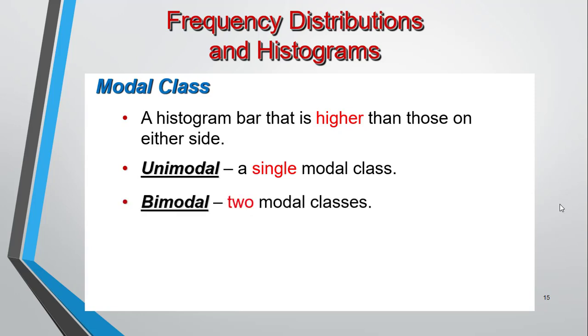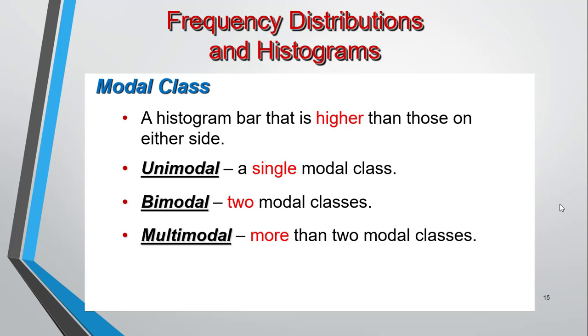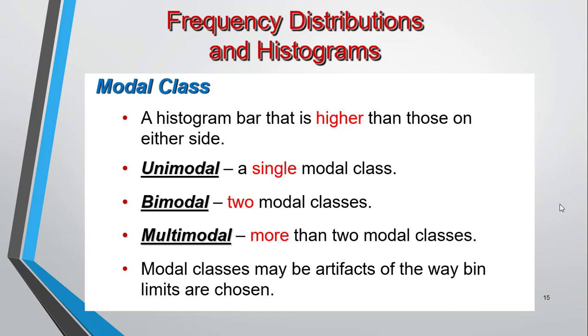And if there's only one modal class and one peak, we call it unimodal. If there are two modal classes, we call it bimodal. More than two, we call it multimodal. Okay? Modal classes may be artifacts of the way bin limits are chosen. As you can see from previous slides, the more bins you choose, the more modal classes can be identified.